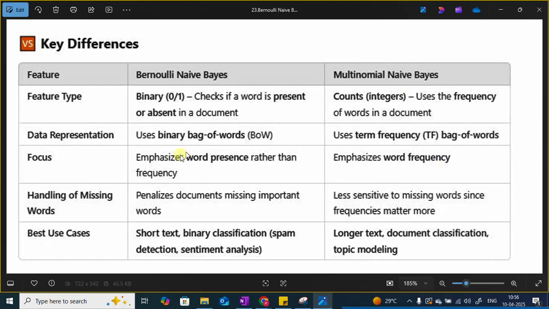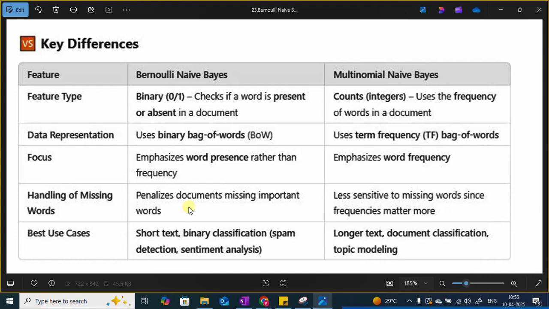Now, data representation: how will we get to know presence or not? Binary bag of words. That, I told you, is part of NLP, natural language processing. Okay, don't think about that now. This we can find out by using term frequency and inverse document frequency, that is TF and IDF. Now, handling of missing words: Bernoulli penalizes the document for missing an important word. Why?